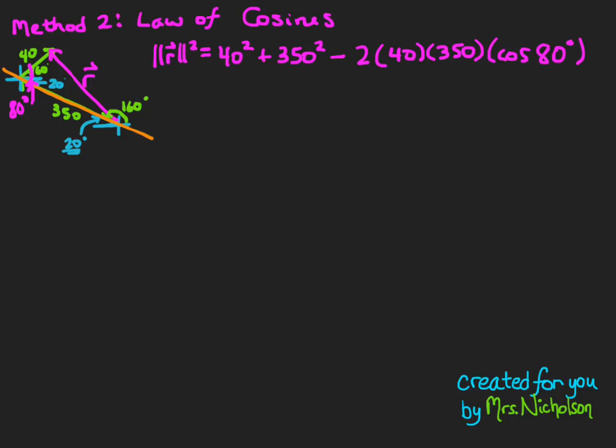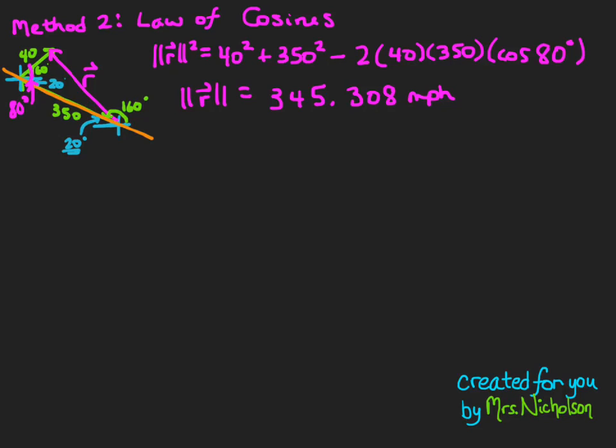And if you want to pause right now and put that in your calculator, you can. If you put all of that in the calculator and square root your result, you should get, for the magnitude of our vector, 345.308 miles per hour, which is the exact same magnitude that we got using component form in the previous example.